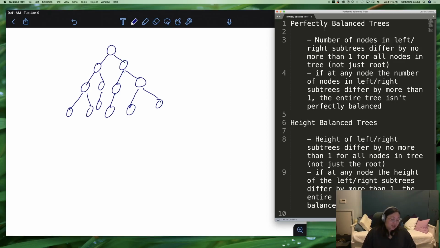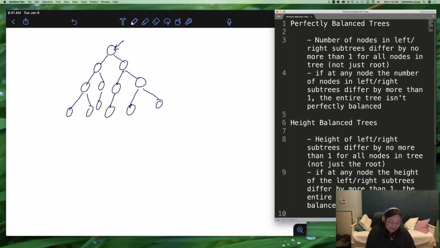Now this tree is actually perfectly balanced. In order for a tree to be perfectly balanced, every single node must have almost the same number of nodes in the left and right subtrees. It doesn't have to be identical, but it has to be almost the same, and by almost I mean off by one.